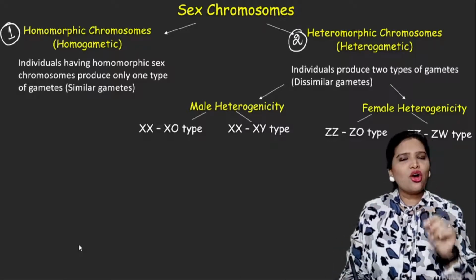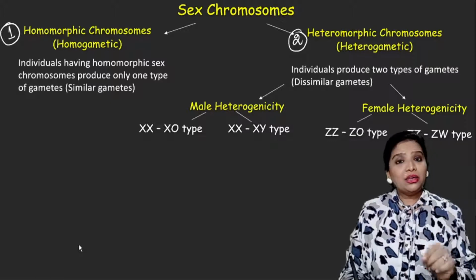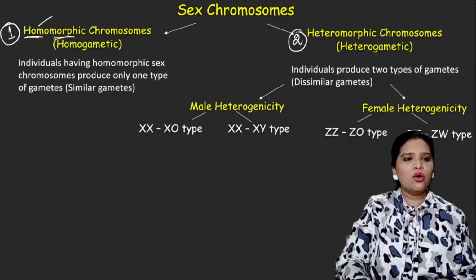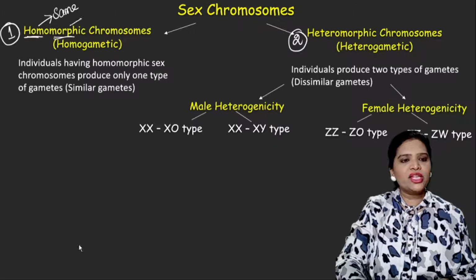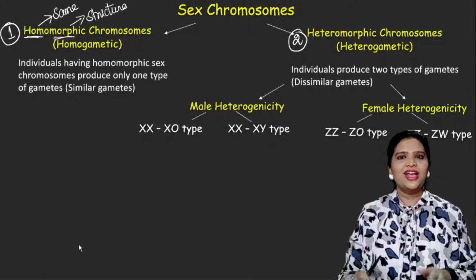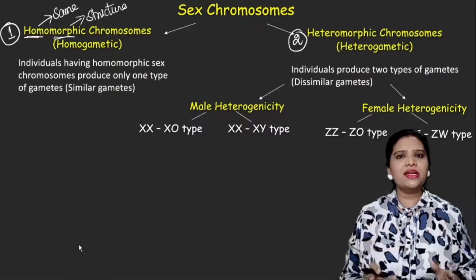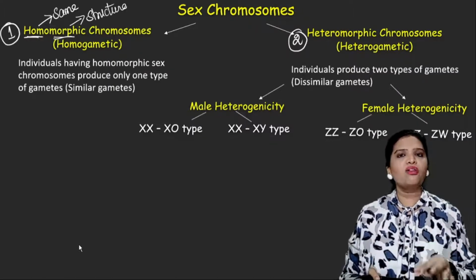So what is homomorphic chromosomes? By looking at the name, we can say the meaning. Homo means same. Morphic or morphology means external structure, right? So the chromosomes which have the same external structure, same appearance, are called as homomorphic chromosomes.